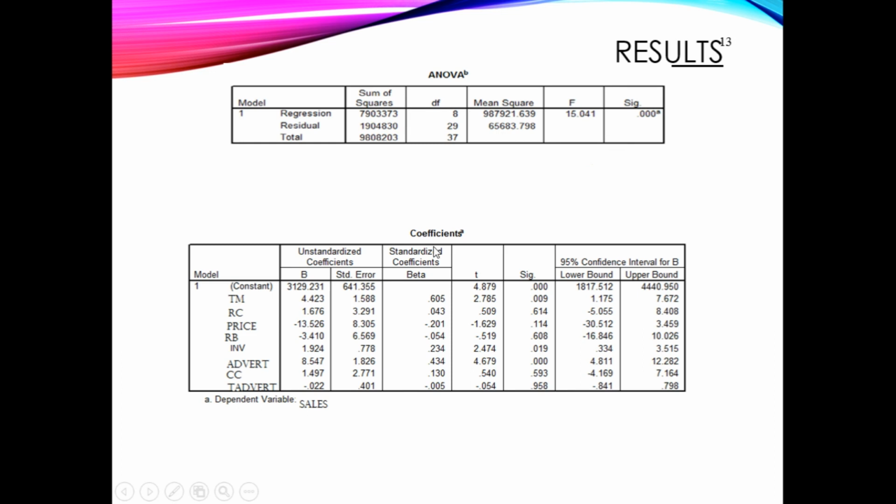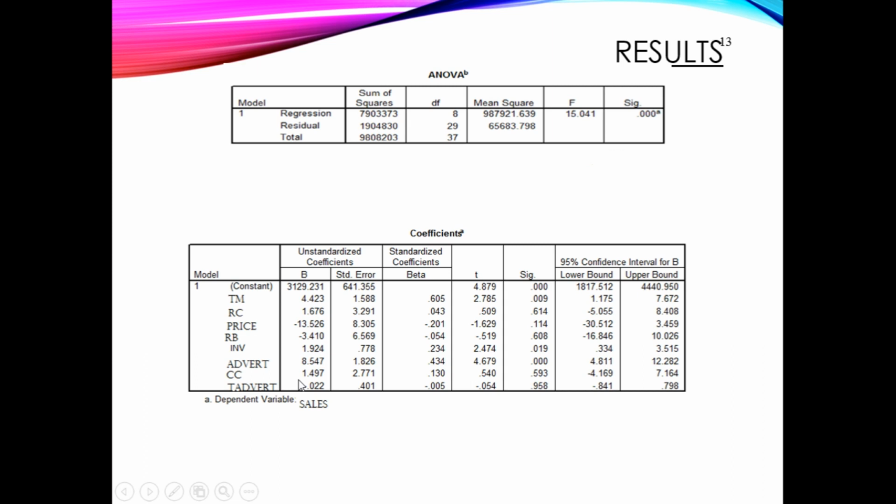We can estimate our coefficients that are here in the first column of the standardized coefficients of our table. We have the constant here, the intercept. We have here the contribution of the total market in the realization of sales, and here we have the significance that we told you about at the beginning of this tutorial.